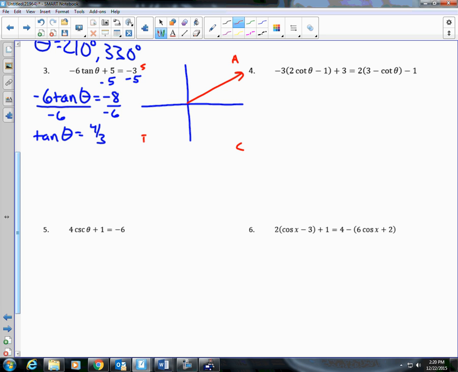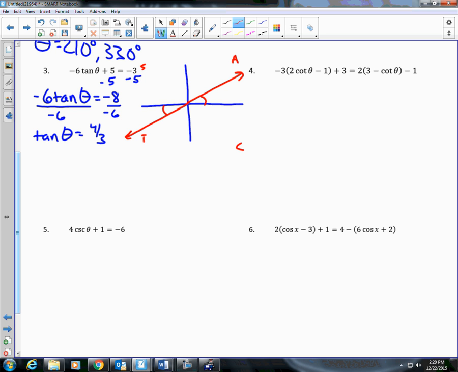And tangent is also positive in the third, so I have a reference angle there. Is the angle formed between the terminal side and the y-axis, or the terminal side and the x-axis? So I always draw the angle with the x-axis. So it looks like 2 spots.